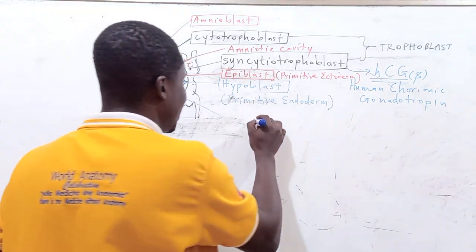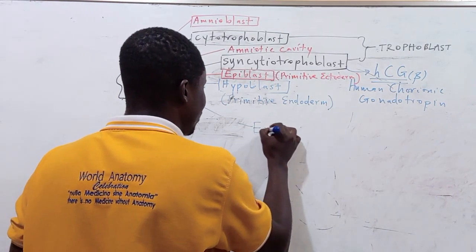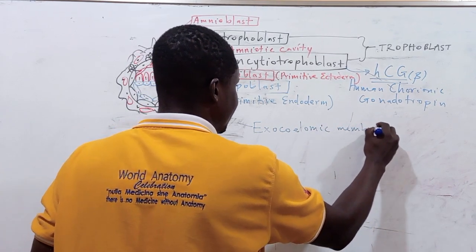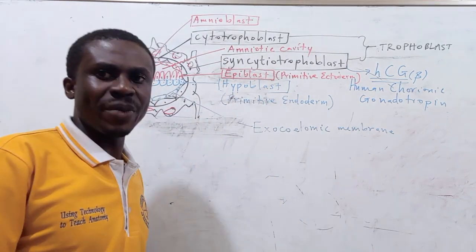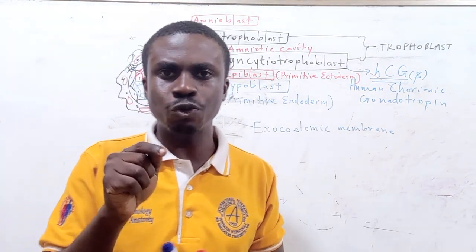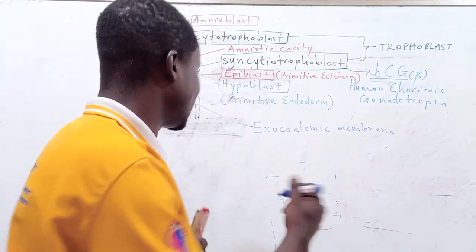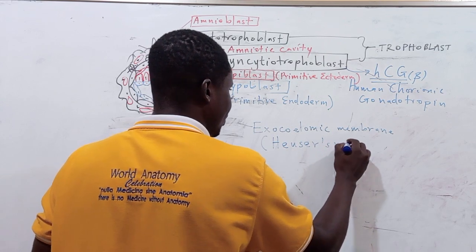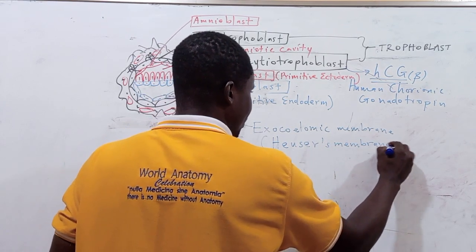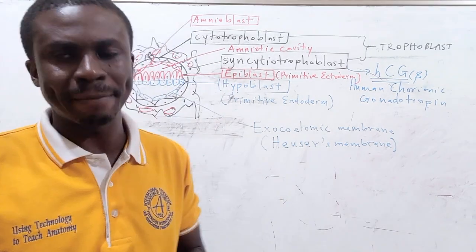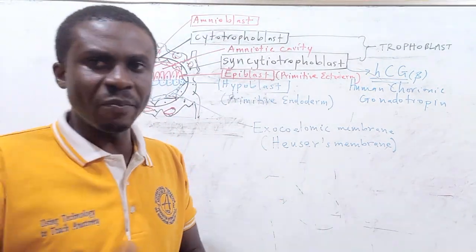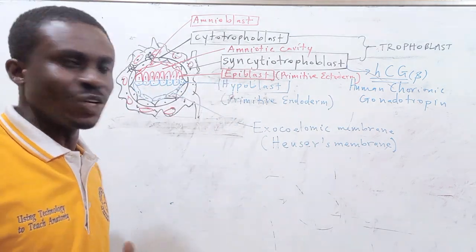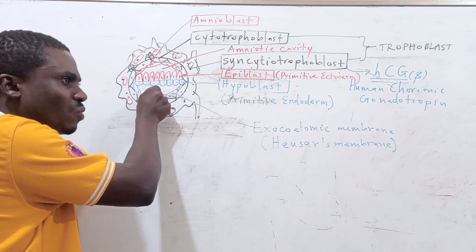These cells will form a membrane, which we call exocoelomic membrane. Something which is also given an eponym, which we call Heuser's membrane. So someone's name. Heuser's membrane. Yes. So where did they come from? From cells of the hypoblast. So that they also enclose a cavity over here.